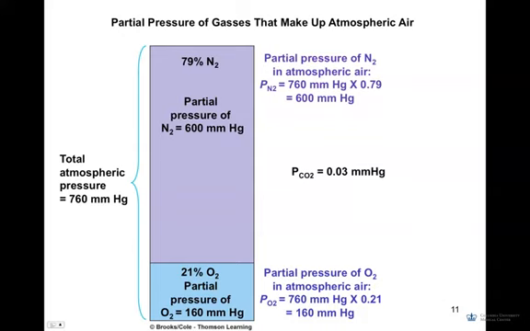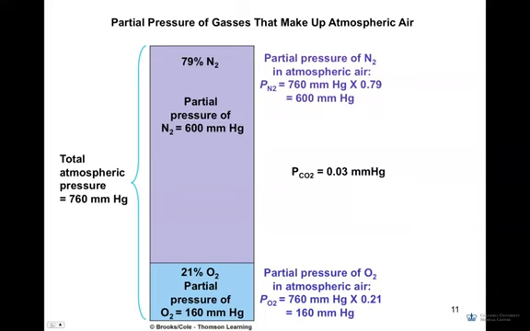Since all gases in a mixture exert the same amount of pressure, we can understand the specific pressure exerted by a particular gas in a mixture by just multiplying the total pressure by the percentage that gas contributes to the total amount of gas.